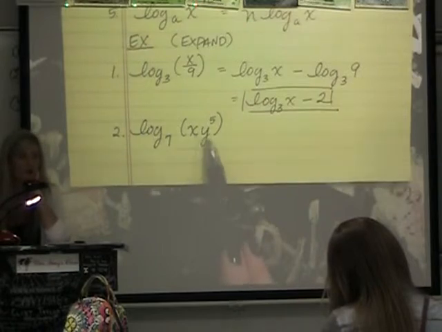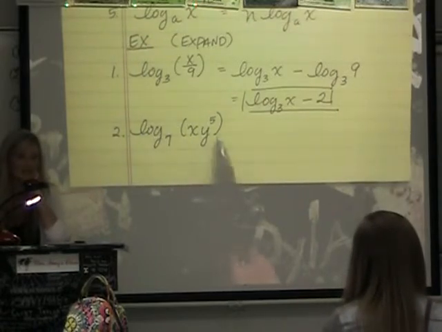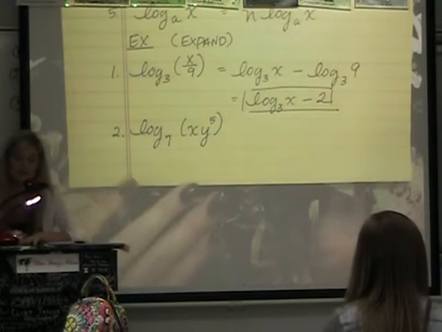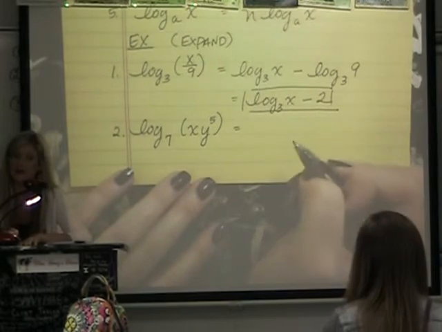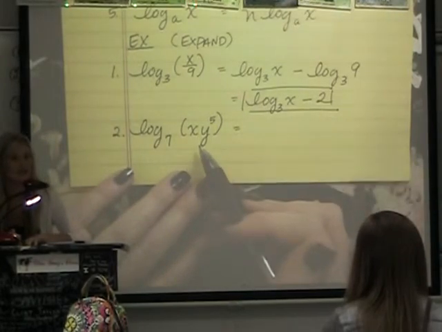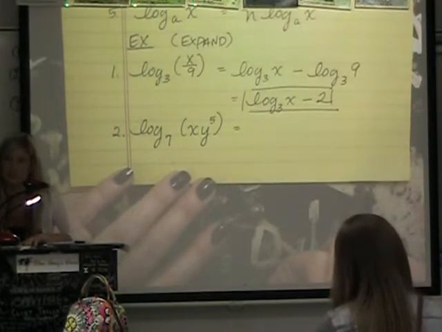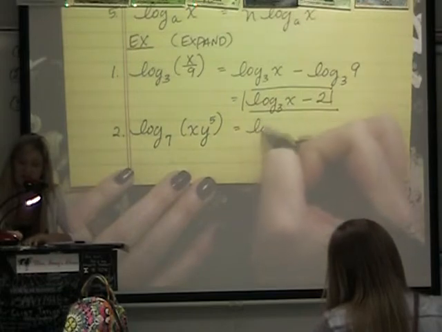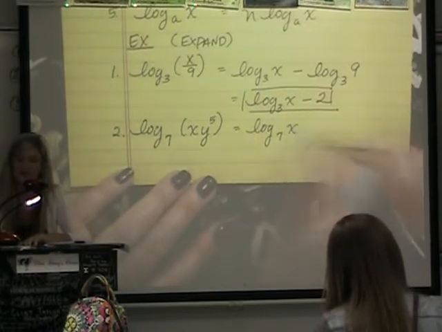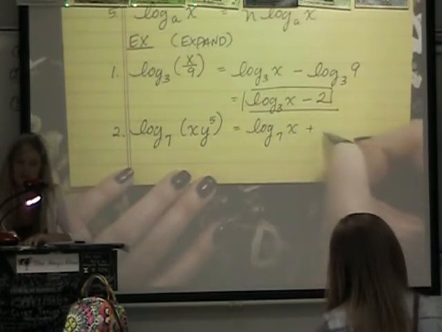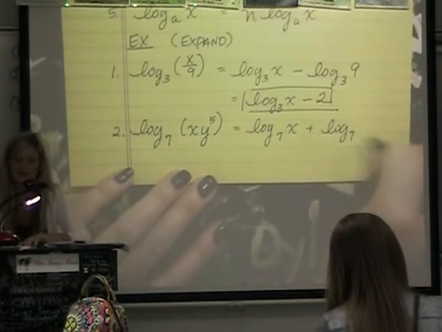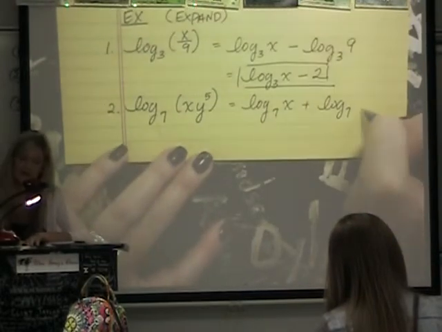I have a product, two things being multiplied together, and I also have an exponent on the y to the 5th. So what I'm going to do first is expand the product, and we said that multiplication implies addition. So I'm going to rewrite this as log base 7 of x plus log base 7 of y to the 5th.